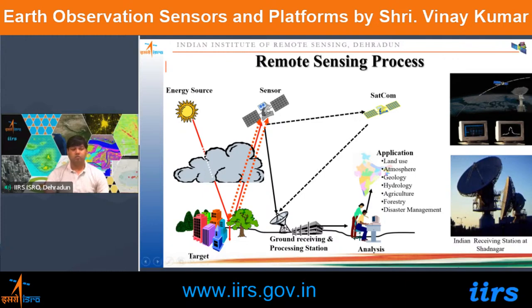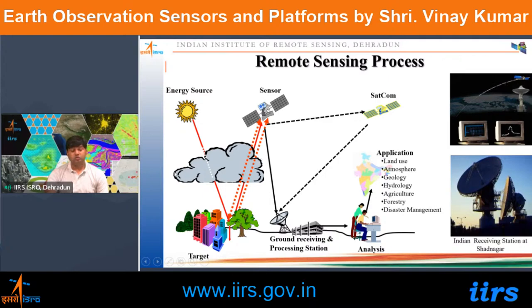Now you can see what is happening here: we have an energy source, and electromagnetic energy comes from it to the Earth's surface and interacts with the target. Some of the electromagnetic energy gets absorbed, some gets transmitted, and the rest, which cannot be taken up by the targets or material, gets reflected or backscattered to the sensor placed on the satellite.